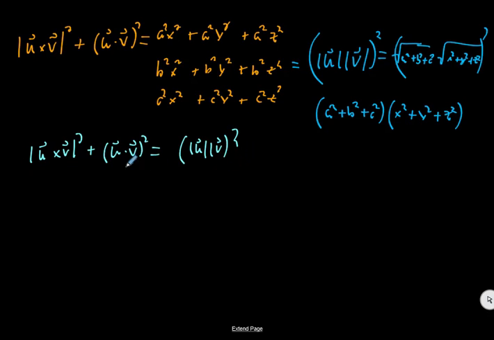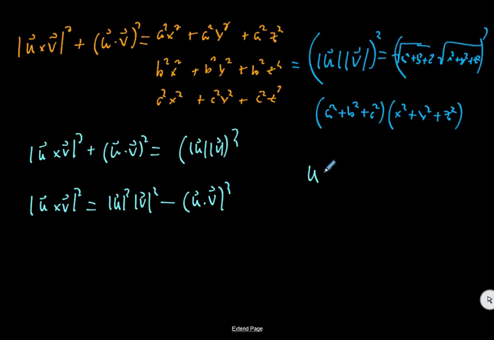Good. Well, first thing is I can solve for this, right? So I got magnitude of u cross product v squared, and this guy right here would be magnitude u squared times magnitude v squared, minus u dot product v, all squared.